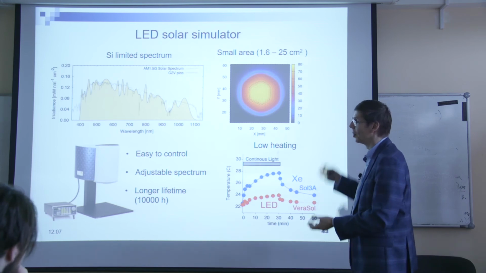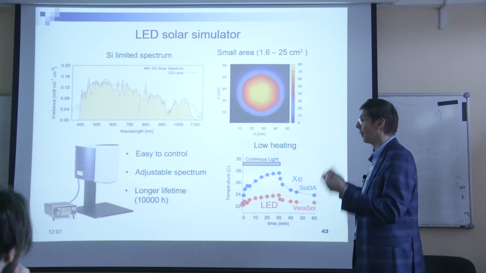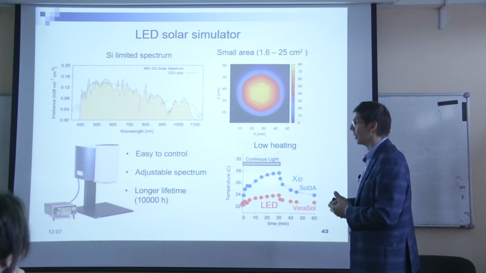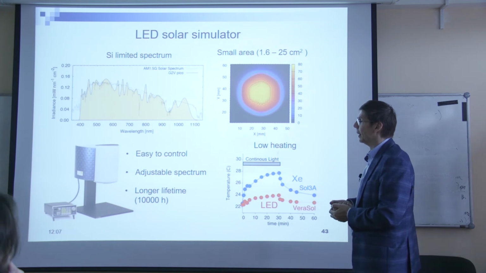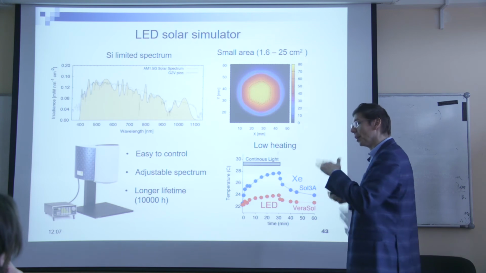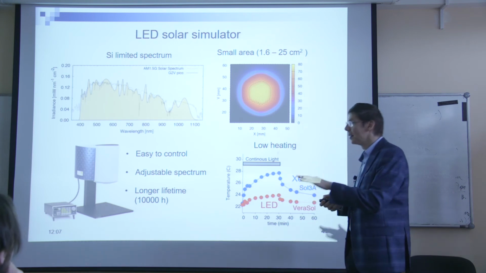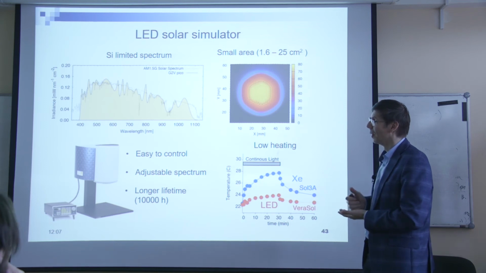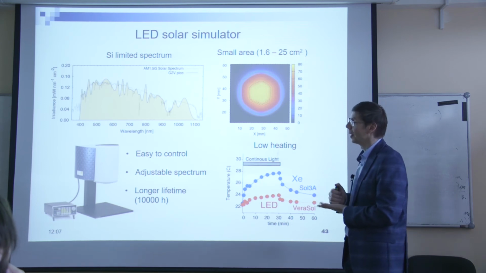You need a high voltage for the ignition to start the lamp, because it's a gas discharge, and then you always have some kind of fluctuation of intensity. So you need some specific sources to control the lamp.